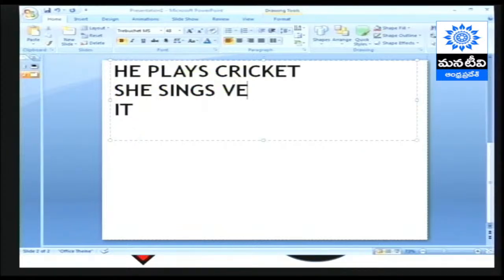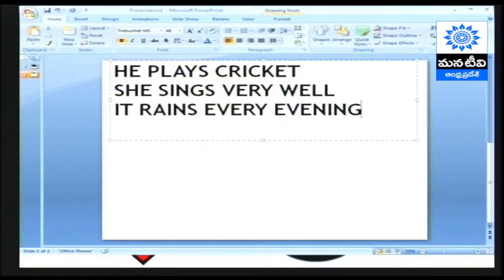She sings very well. It rains every evening. If you pay attention to the verbs here, I am adding an S at the end of them because my subject is singular.